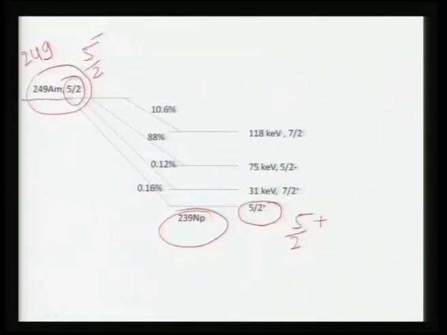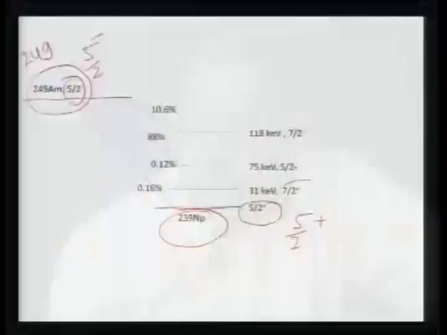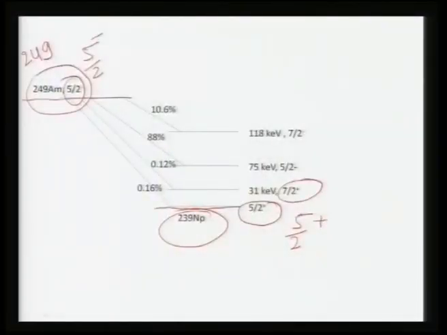So, from this 249 Am 5/2 minus ground state to this 239 Np 5/2 plus ground state, parity changes, and therefore, L equal to 0 is not possible. What is possible is L equal to 1 or above, 3, 5, because you have to change the parity. Then the next one is 7/2 plus. This is 5/2 plus and this is 7/2 plus.